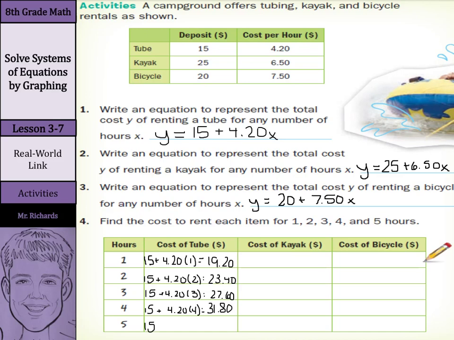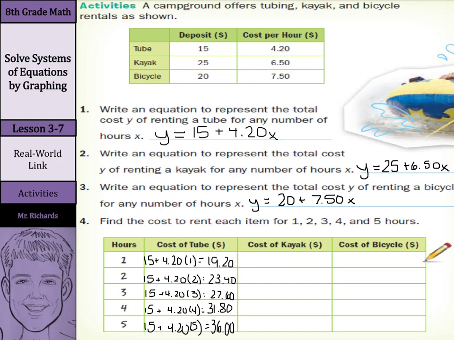Then lastly, we have $15 plus the $4.20 times 5. $4.20 times 5 is $21, plus the 15 is $36 even. Now we can do that for every single part here, except we're going to use the different equations.